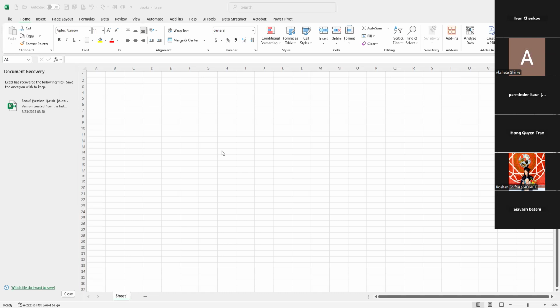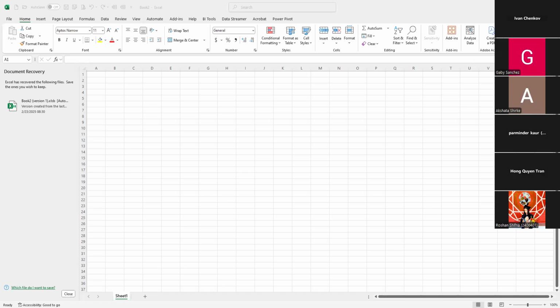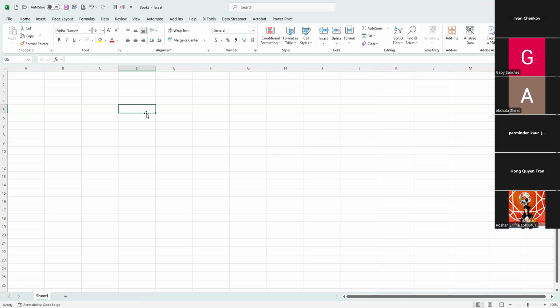Can you guys see my screen? Yes. Not this one. Let's go to the next one, and let's go back to our analysis. So now what we have is the fixed cost, right? And then we said we need the contribution margin per unit.